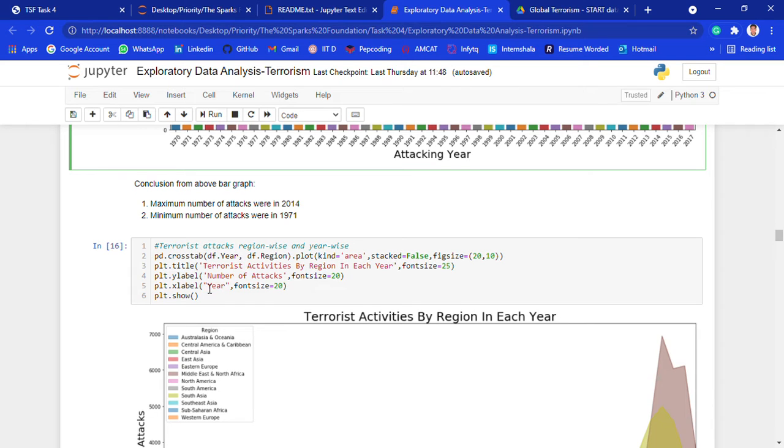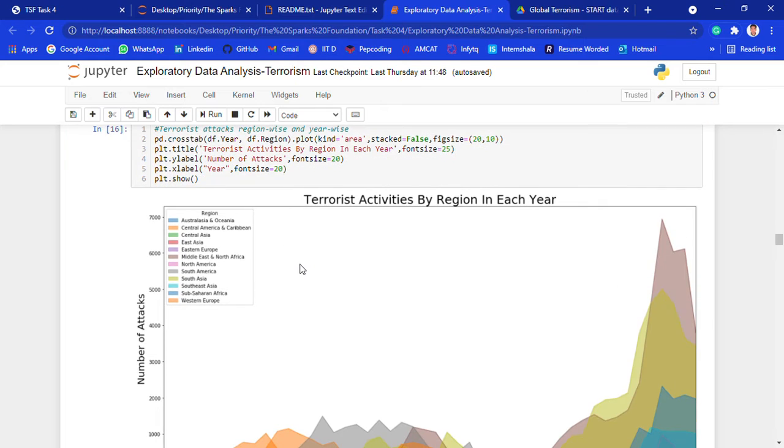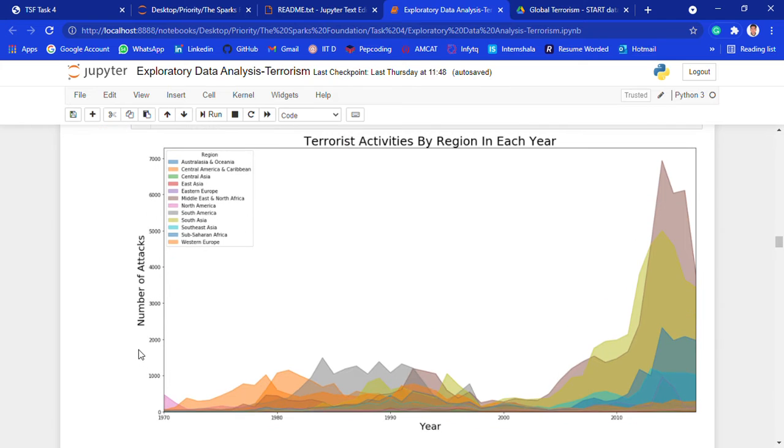So according to this, let's look into terrorist attacks region-wise, meaning the continents or regions we are talking about, and year-wise. On the y-axis we are plotting the number of attacks in the region, and these are the years.